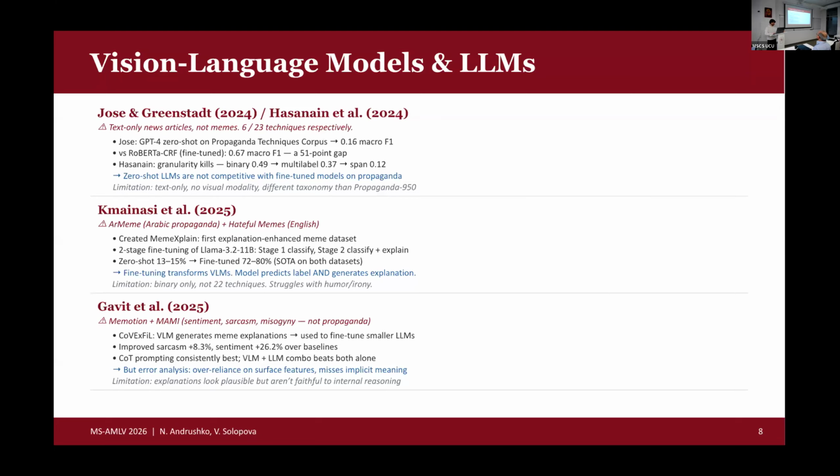And as they said, explainability was crucial to improving the overall model performance. Initially, they started with a Llama model reaching about 13% on the zero-shot task, and later they fine-tuned it and achieved roughly 72-80% on the same task, but binary only.